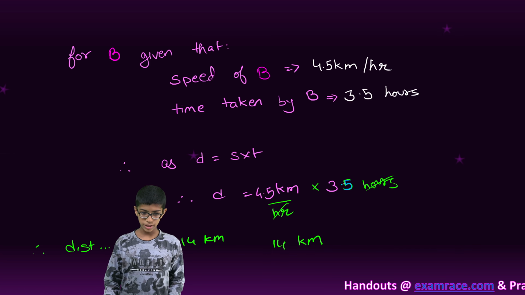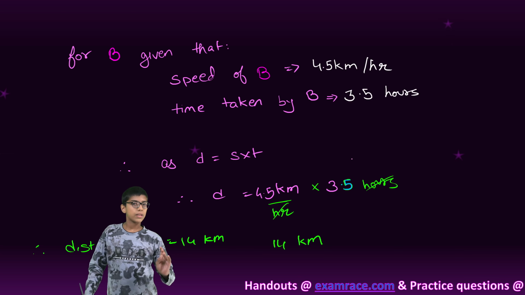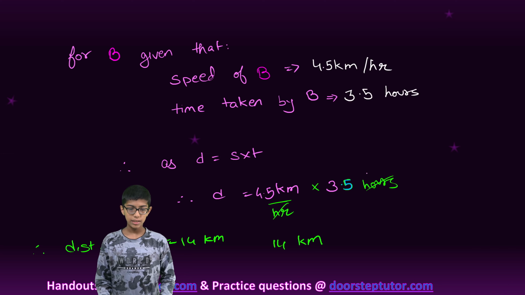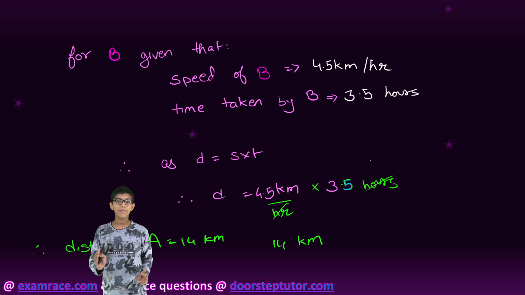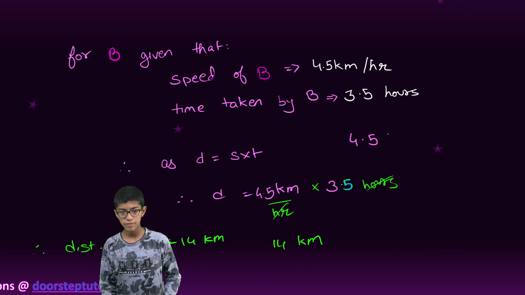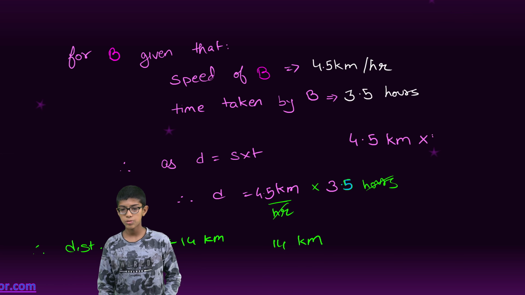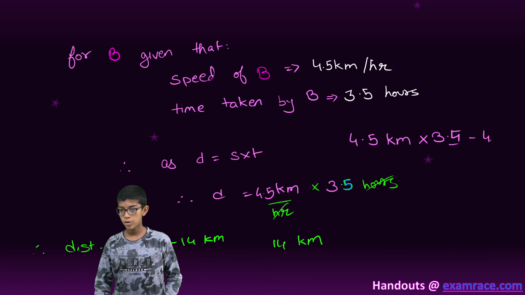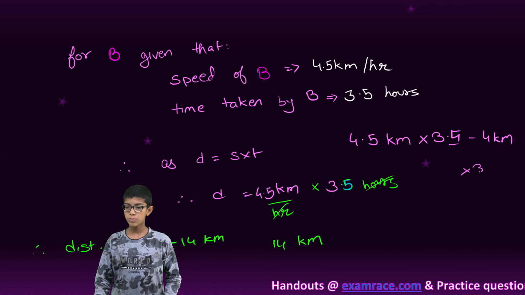Yes, you can calculate, but wait, here we have a very simple technique. You can easily see that the amount by which it is more is simply 4.5 kilometers into 3.5 minus 4 kilometers into 3.5.